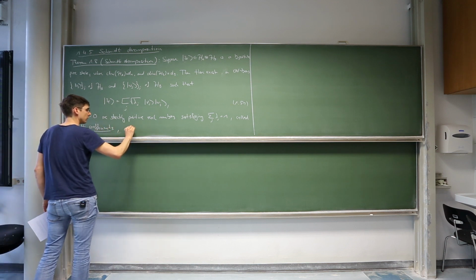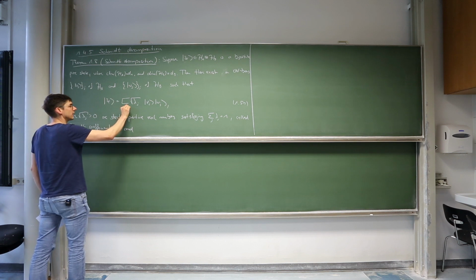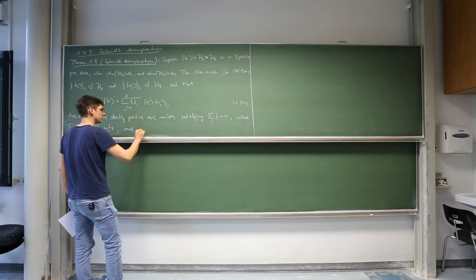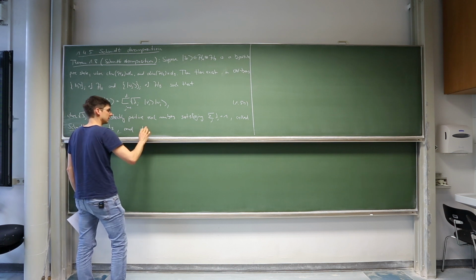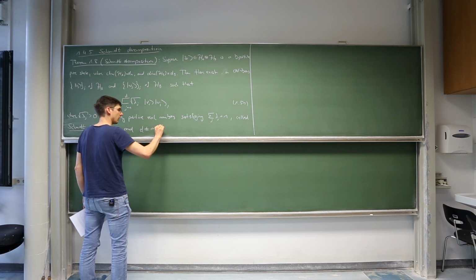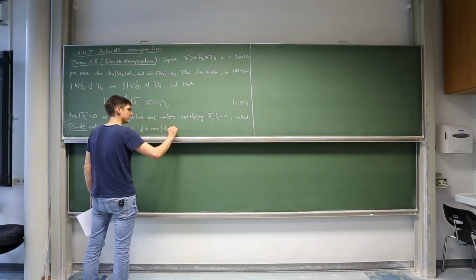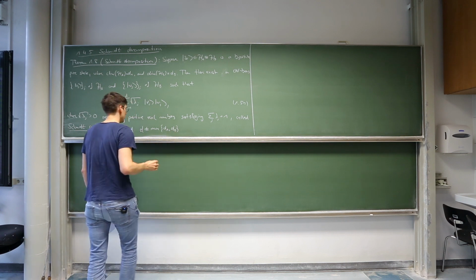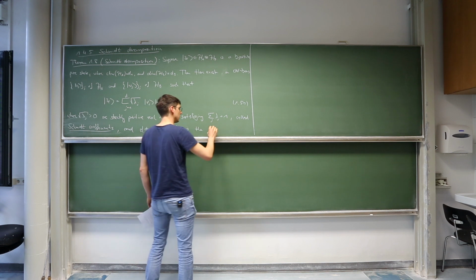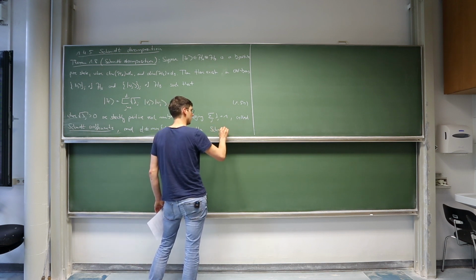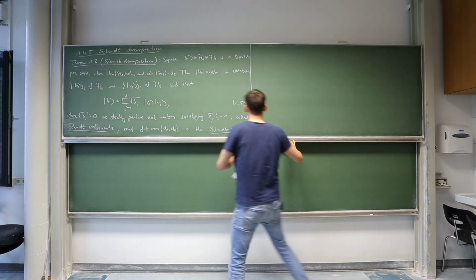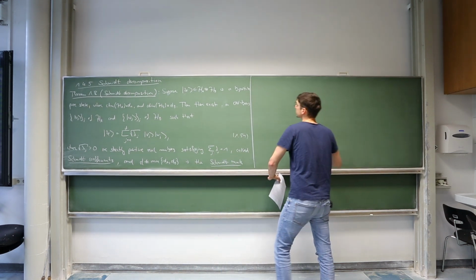And I forgot one thing, namely the sum runs from j equals 1 to d. And what's d? d is smaller or equal than the minimum of the dimensions dA and dB. It is the so-called Schmidt rank, or sometimes also called Schmidt number.